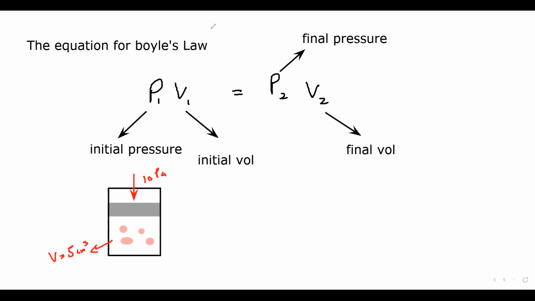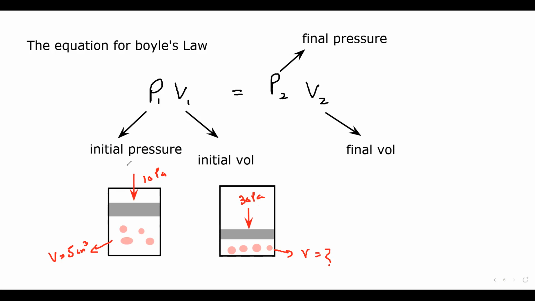Now we change the pressure, so what happens to the volume? The volume will decrease. But sometimes they ask you to state the new volume or the new pressure. Example, the new pressure: originally it was 10 Pascal, now we made it 30 Pascal. So the question is, what is the new volume?